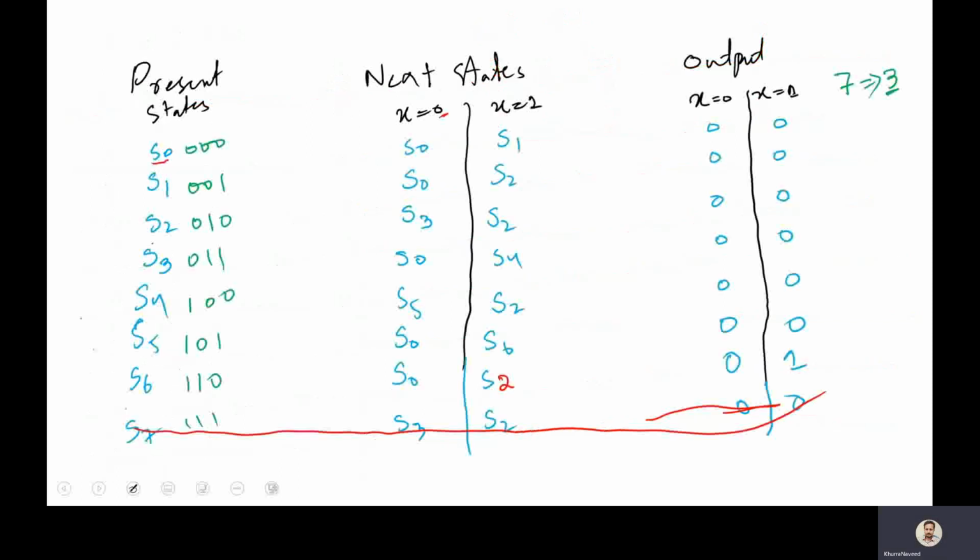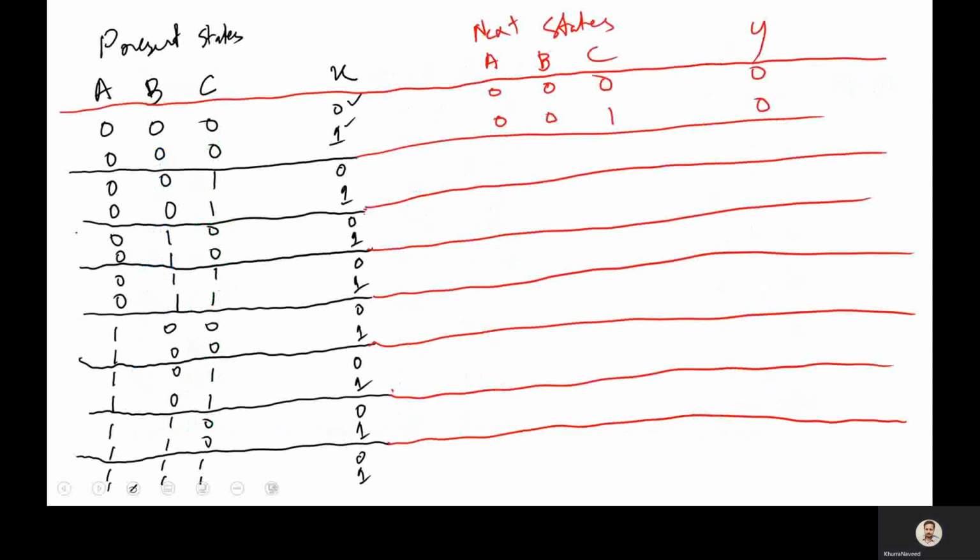And in case of S1, next state is S0 in case of 0 and S2 in case of 1. So S0 means 0, 0, 0, and S2 means 0, 1, 0, and output is 0 in both cases, right?